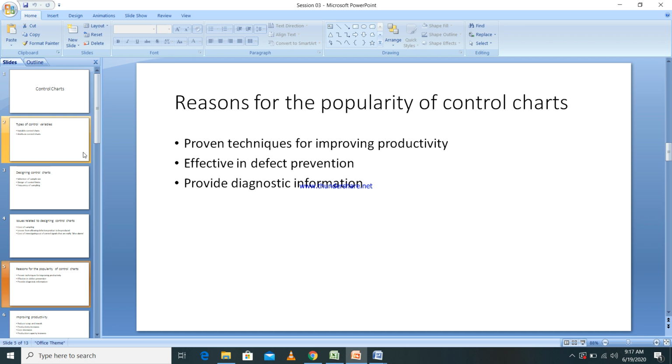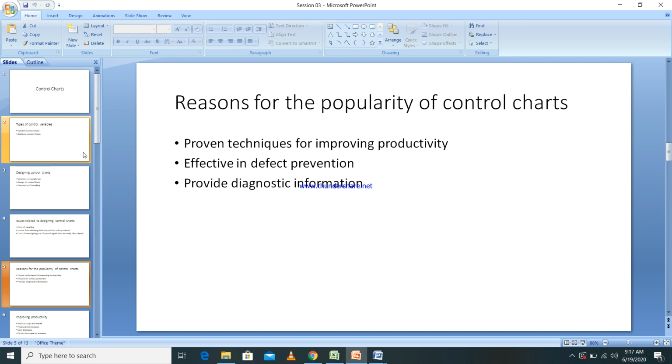One reason is that it is a proven technique to improve productivity, because it is very easy to use these control charts and very easy to understand them.